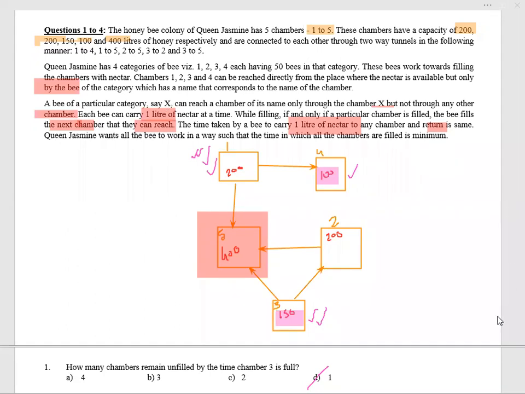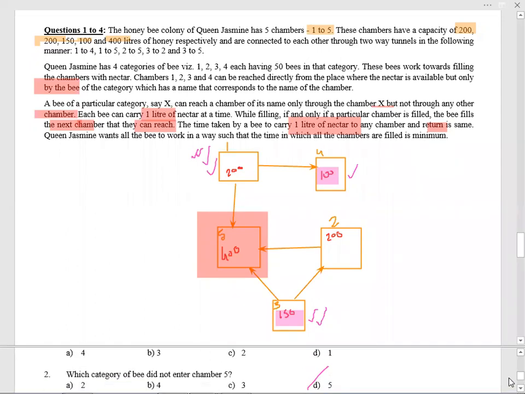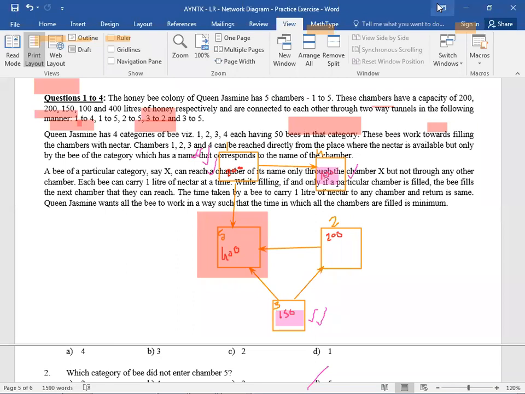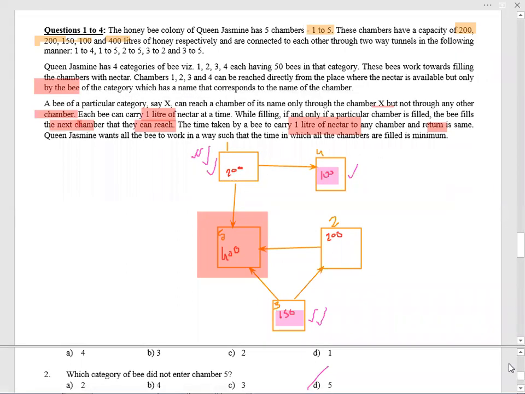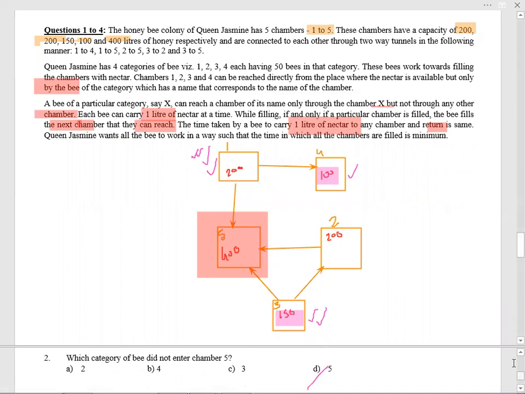Next problem. Which category of bees did not enter chamber 5? 3 will definitely. 2 will definitely. 1 will also. 4 will not, as there is no connection between 4 and 5.